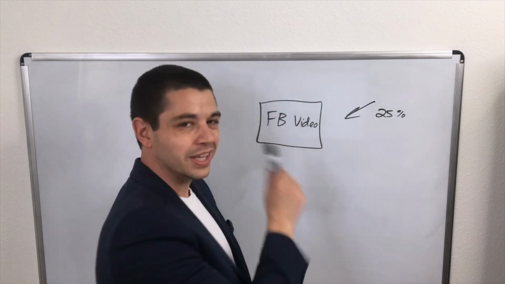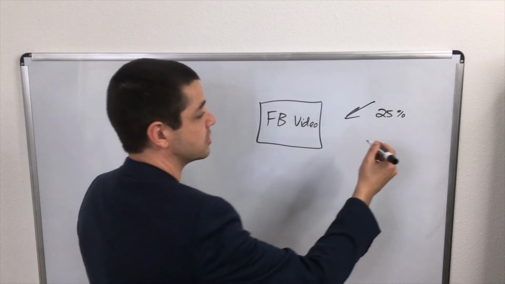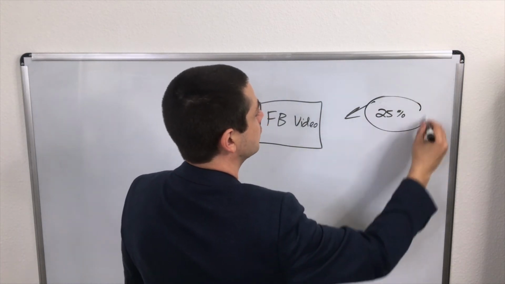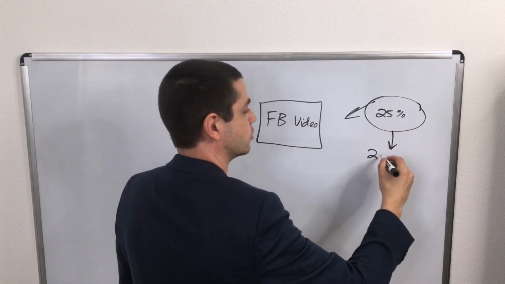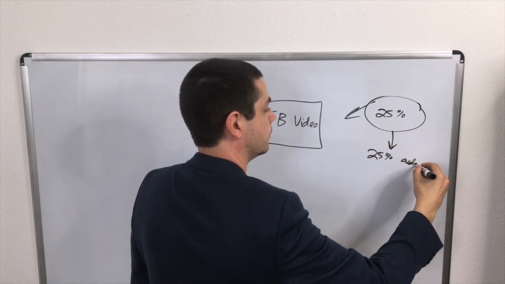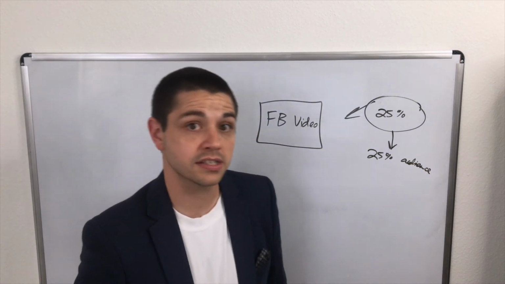So if they watch 1 second of this video, then I can use them in a targeted audience. So 25% of this video, I'm going to make that my targeted audience. I'm going to say that this is the 25% audience. There you go, if I can spell. Great, 25% audience.